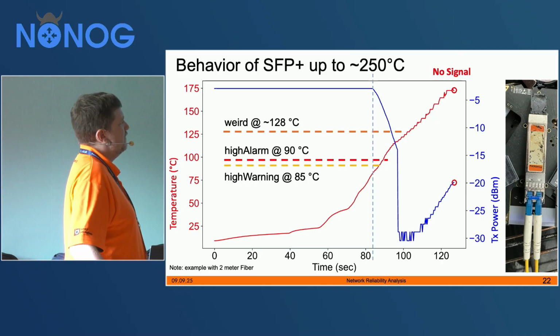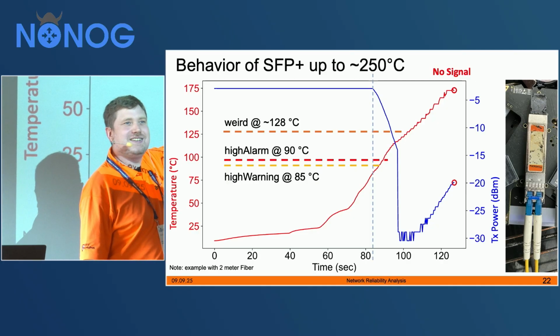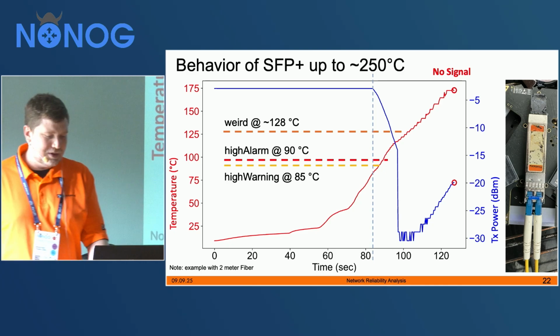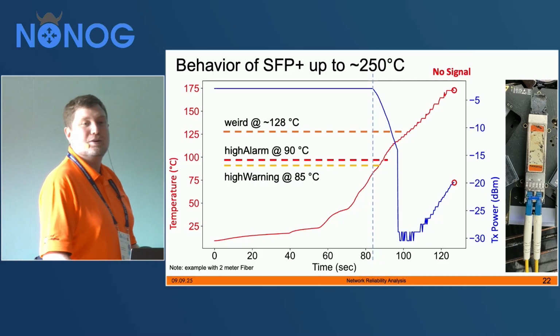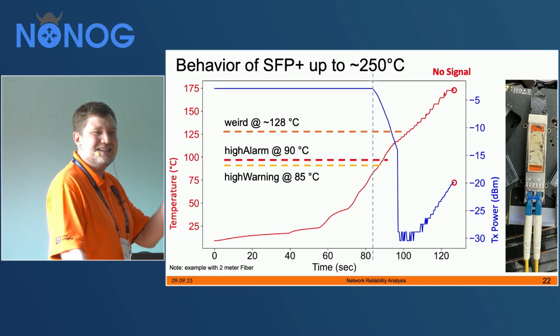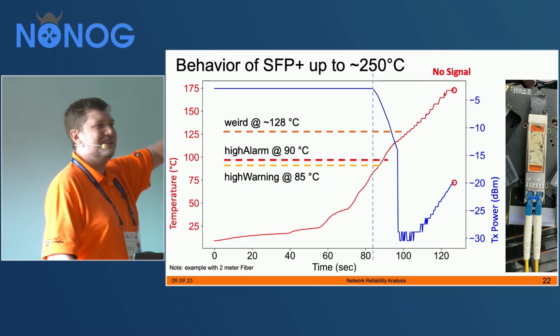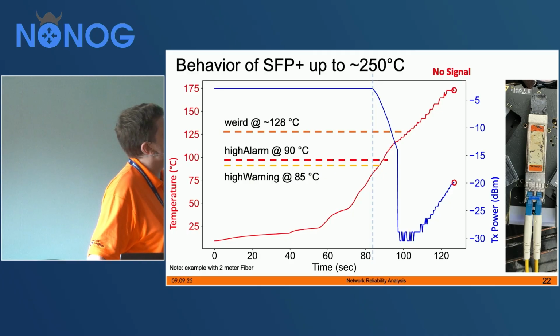I added a weird limit. This is an unofficial limit, because beyond 128 degrees, it starts reporting negative values. If some of you have already developed in C, for example, and heard of signed char or unsigned char and the difference, that's the reason for it, because the first bit needs to be flipped in reality if you want to measure this temperature correctly.